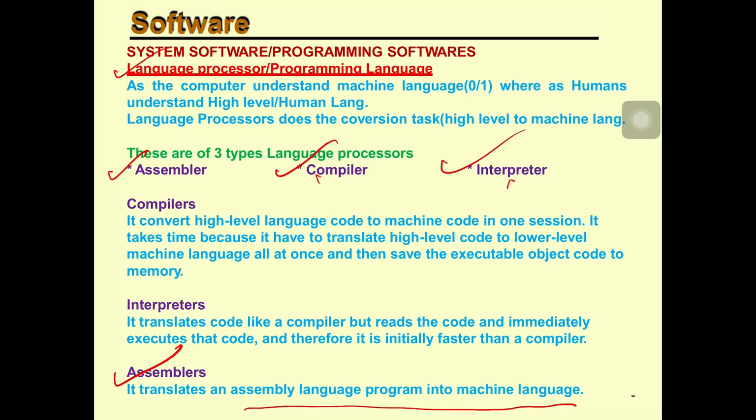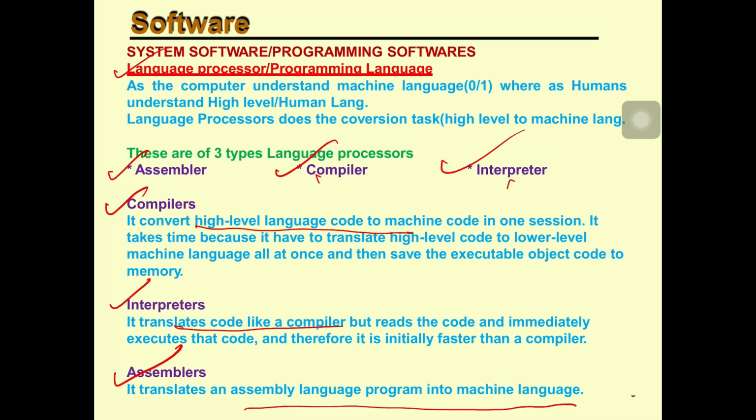Now compiler and interpreter. Compiler and interpreter are both language processors which convert high level language into machine level language, but the type of conversion is different. The compiler reads the whole page in one go, finds the errors and tells the user about the errors at the bottom of the page along with the line number.